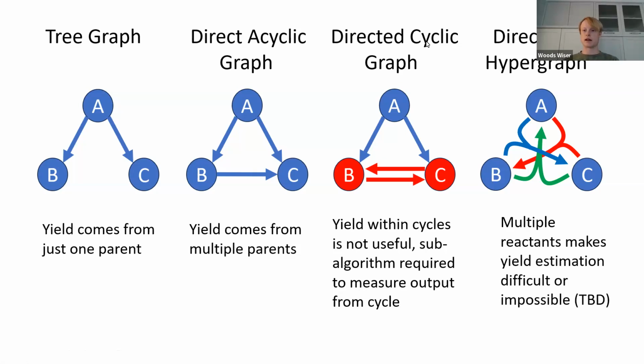And then we come to the directed hypergraph, where you have multiple reactants and multiple products, but really multiple reactants are the difficult thing, because as y'all know, the reaction rate depends on the concentration of both reactants. And in a standard ODE simulation, these reactants can vary with time. Inherently in this algorithm, we're not varying anything with time.